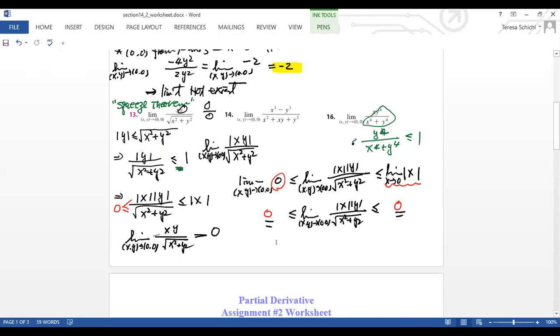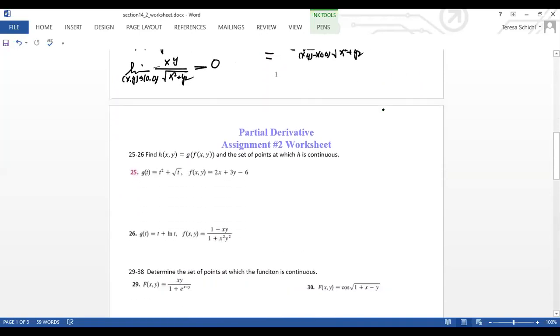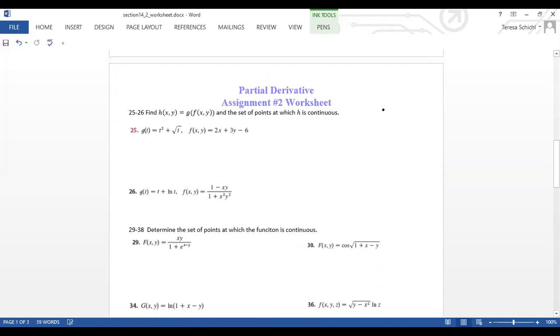And this one is greater than or equal to 0 also, because it's all even power. Then you can multiply by the absolute value of x, and then you will get it, right? That is pretty straightforward. So make sure that if you tried a couple of approaches and they cannot give you the conclusion, then you might want to try the squeeze theorem to see if you can prove the limit exists, okay?